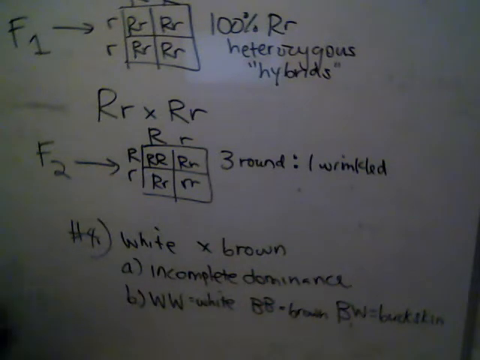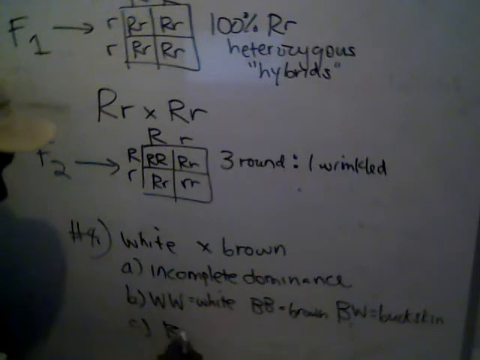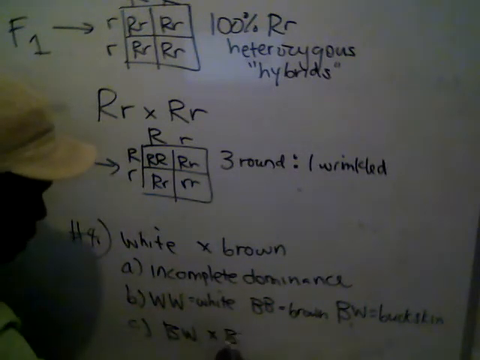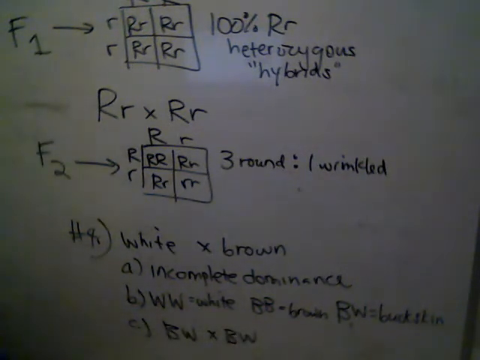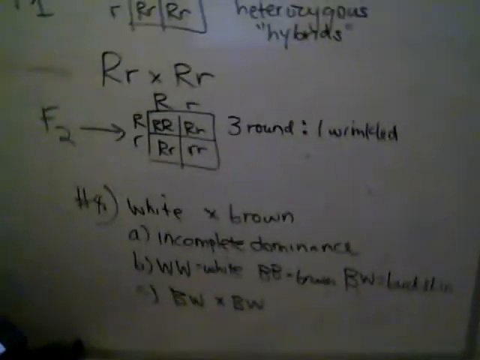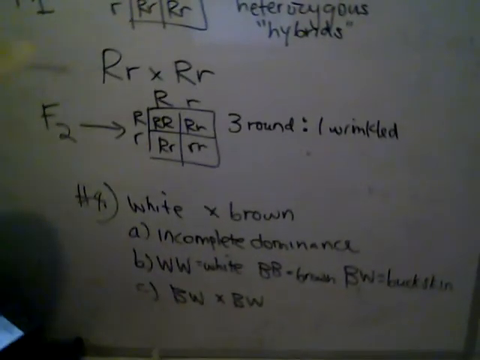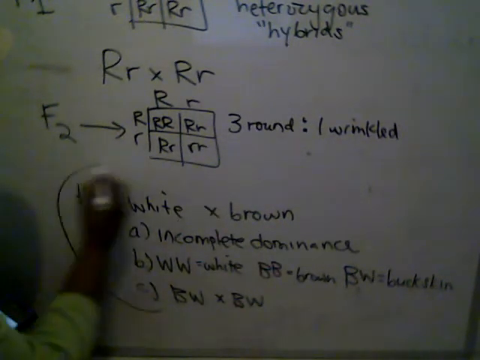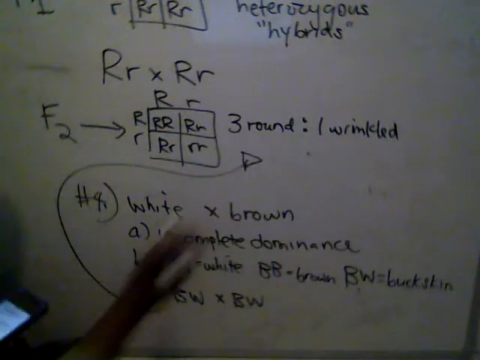Okay, and then for part C, we have Jeanette, who is taking a big B, big W, and a big B, big W, or 2 buckskins, and she's crossing those 2 together. So if she were to cross those 2 together, she would actually end up with, and I'm going to continue this up here so we have a little more space.